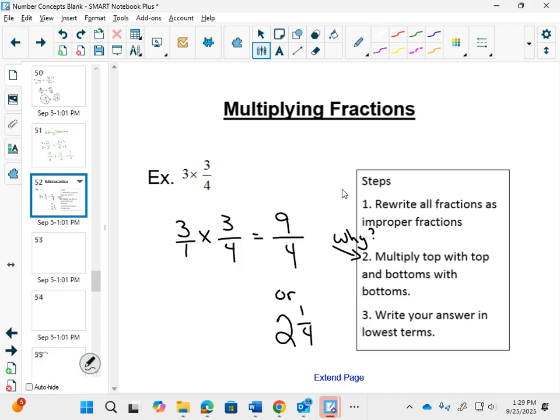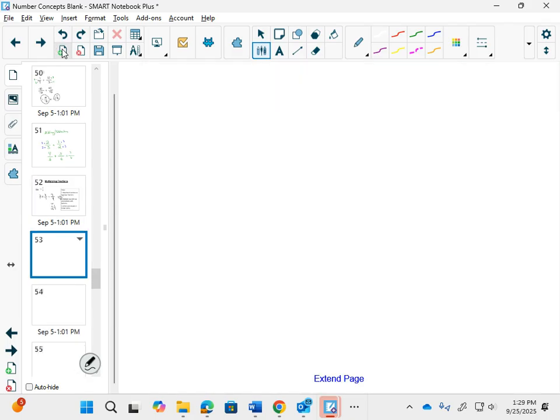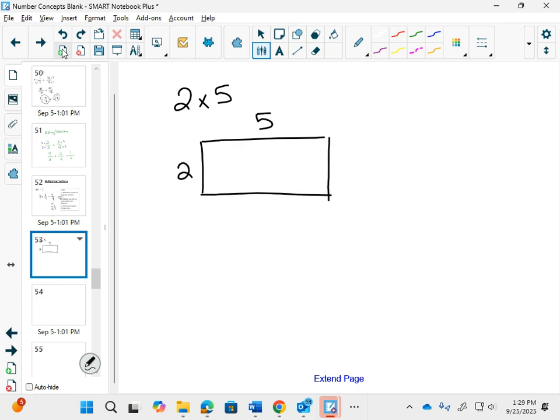So I'm going to break this down, and a really good way of understanding why is to make a connection with multiplication and something you've done before, which is area. If I did 2 times 5, I could represent that as a rectangle with a length here of 2 and a length there of 5.